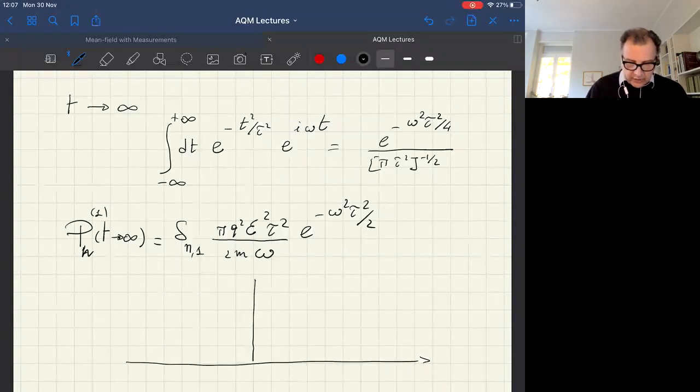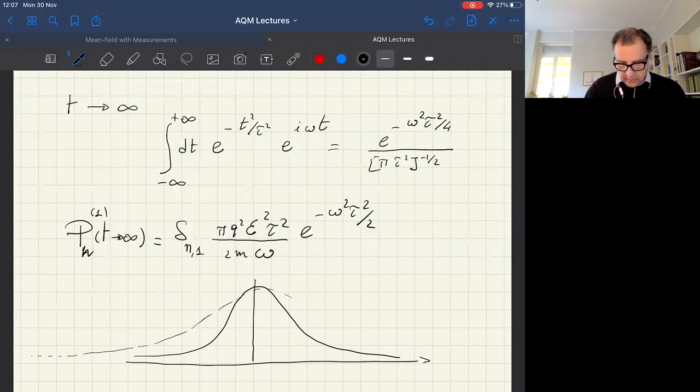The perturbation is something like this, or it can be something like this. Do you see the two curves? This more gentle curve is a larger tau.